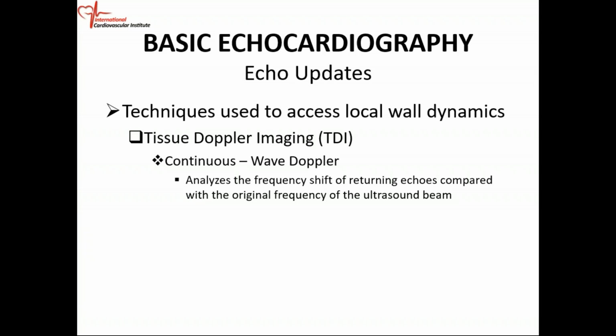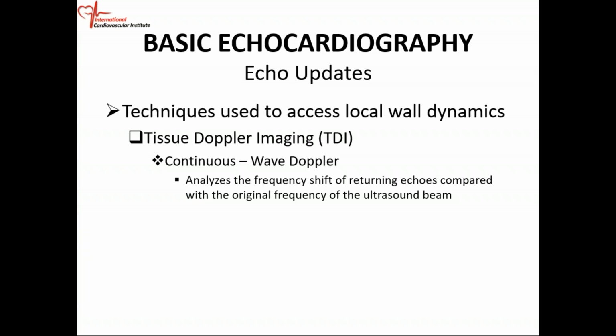Because of that angle, sometimes it's not accurate because you don't know if you're getting maximum velocity, yes or no. You have to just try and get the best velocity.